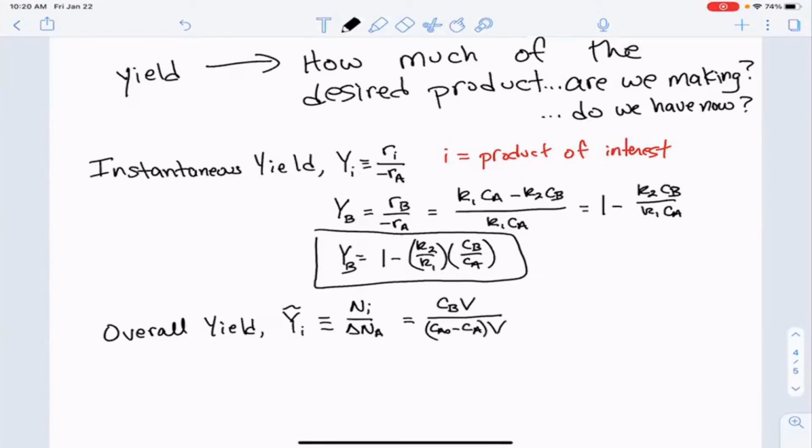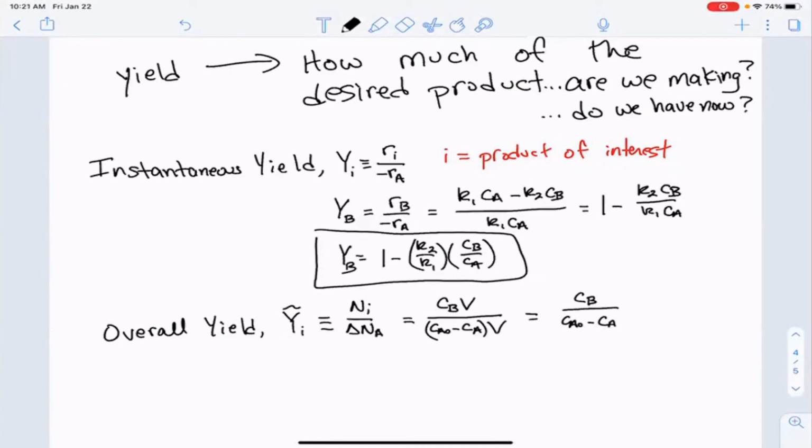And these volumes will cancel. And so in this particular problem, the overall yield would be given by the concentration of B over CA0 minus CA, okay?